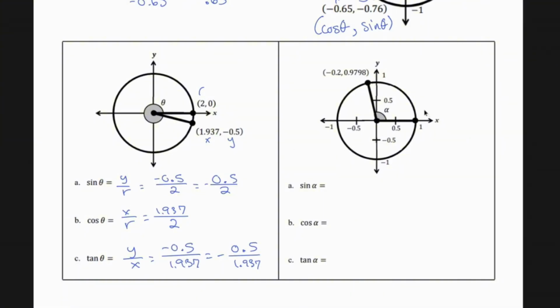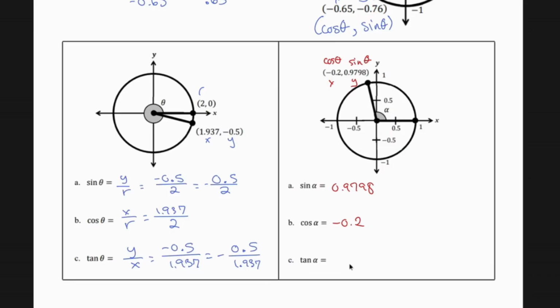Radius is 1, so the rules change a little bit. So you're automatically cos theta, and you're automatically sine theta, although they're using alpha, right? You're my x, you're my y. So if r is 1, then sine alpha is just going to be 0.9798. Cosine is going to be negative 0.2.